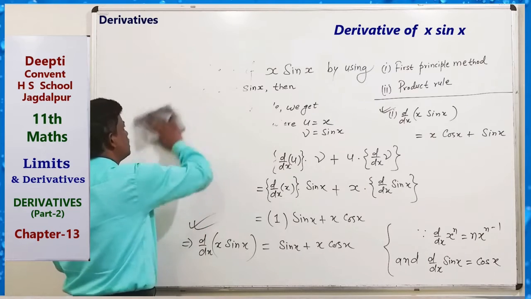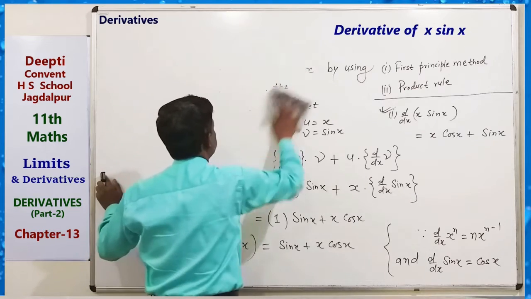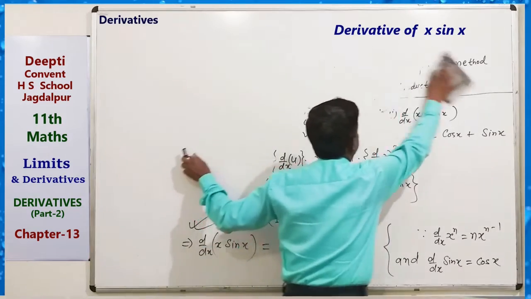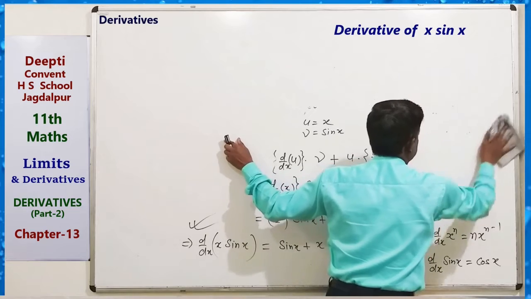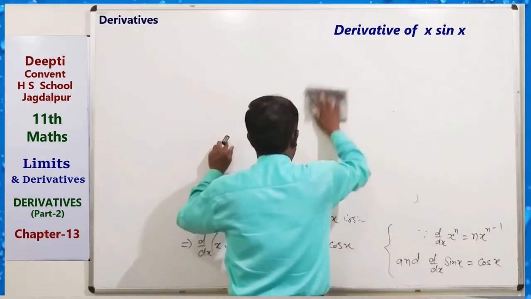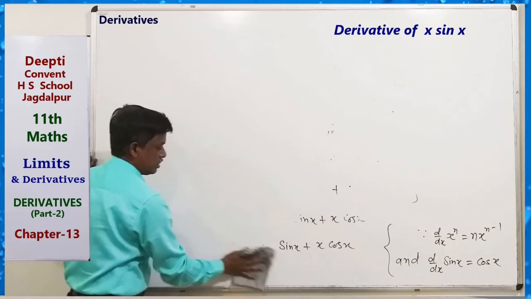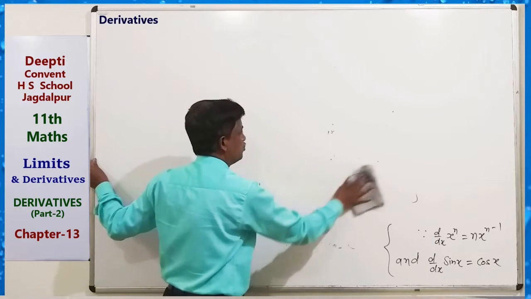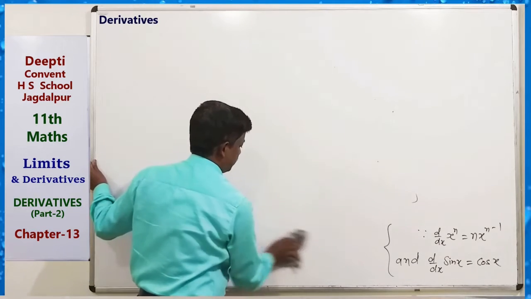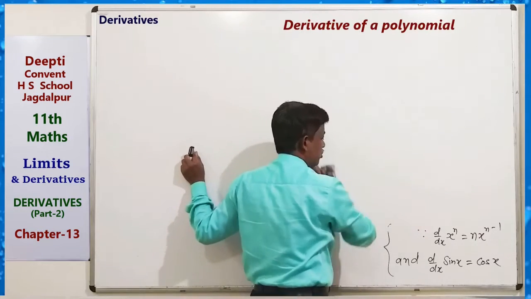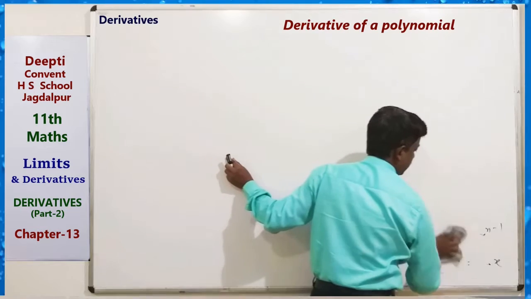So a polynomial function can be differentiated by distributing the derivative term by term. Remember that, just like a quadratic expression, cubic expression.